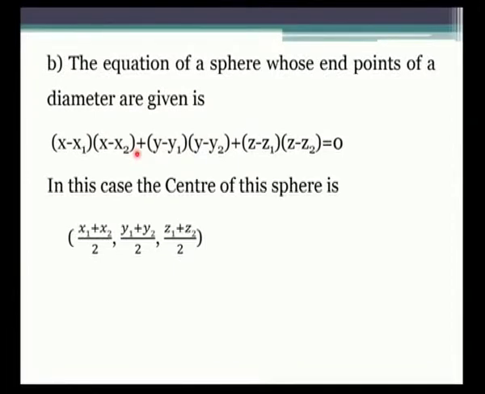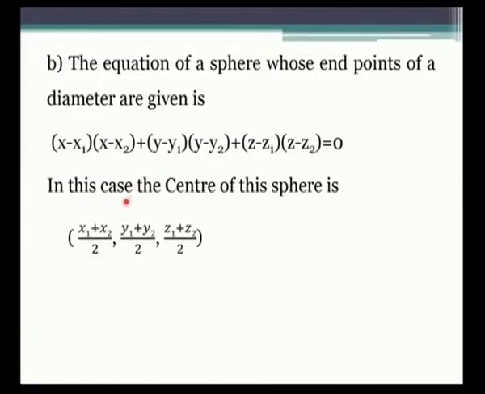Then the equation of the sphere is given by (x minus x1)(x minus x2) plus (y minus y1)(y minus y2) plus (z minus z1)(z minus z2) is equal to 0, which is the required equation of a sphere whose endpoints of a diameter are given.